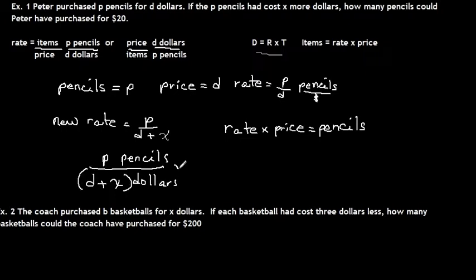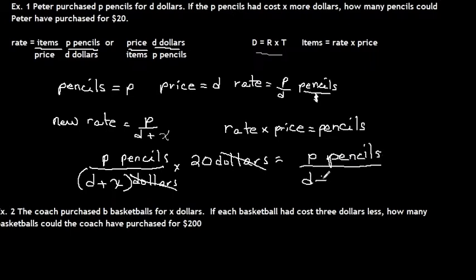And then we're going to take that times the price, and we have $20. This would be dollars, and you'll see what I mean about the units crossing out. So the dollars will cross out, so we'll have P pencils. This is your answer, all over D plus X. So it's P over D plus X pencils. This is really the answer right here with the units attached to it. So that's the first one. The second one is, whoops, I forgot the 20. There's that 20 right there.